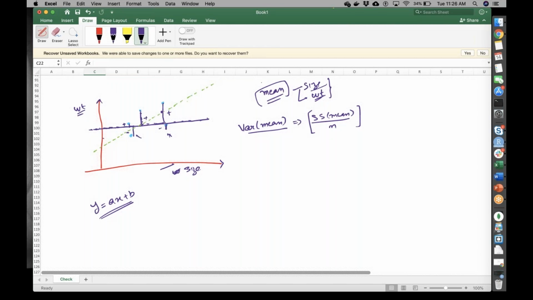This much you are able to predict, and this much you are not able to predict. You already know your original point, and you know where this point is going to lie in your equation. So this much you're able to predict, but this much you are still not able to.